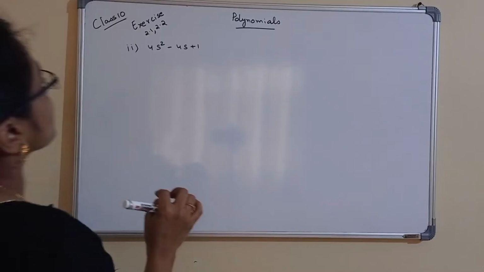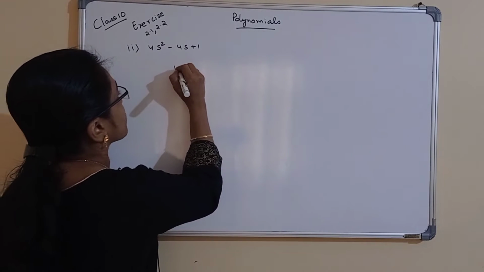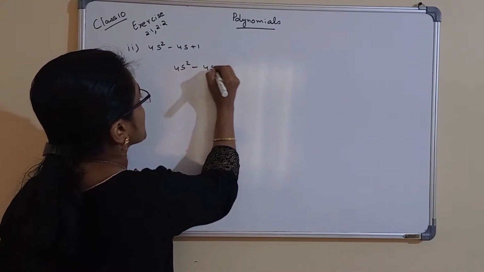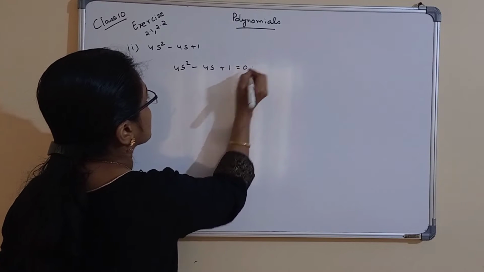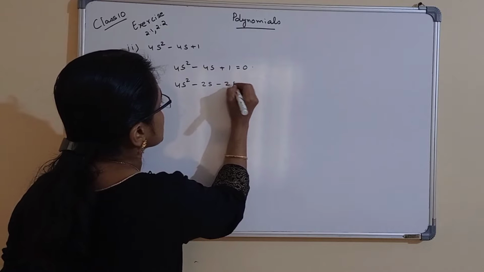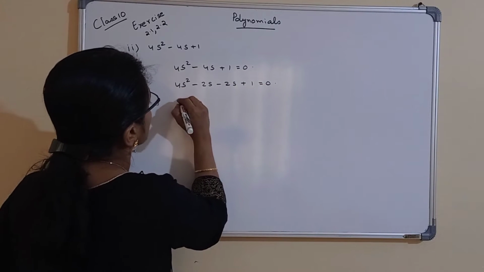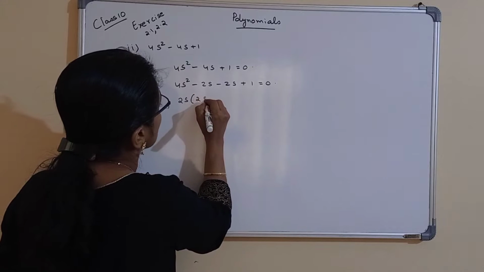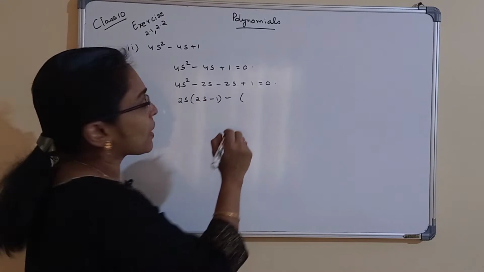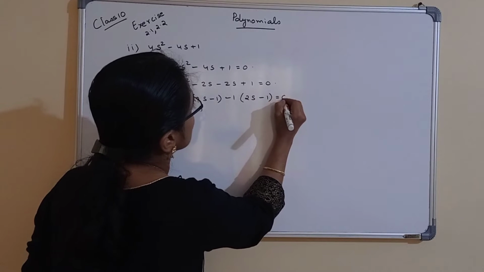Okay. Next one, find the zeros of this polynomial. So 4s square minus 4s plus 1 is equal to 0, which means 4s square minus 2s minus 2s plus 1 is equal to 0. Taking 2s out from the first two terms, we will get 2s minus 1, and taking minus 1 out from the other two terms, we will get 2s minus 1 is equal to 0.